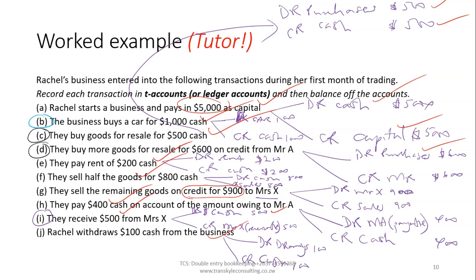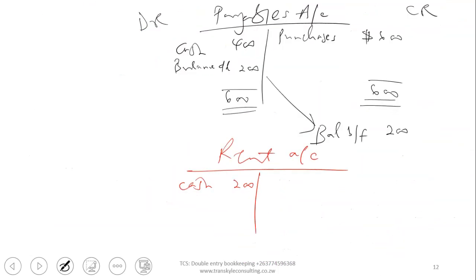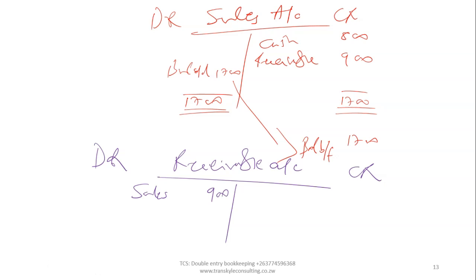So the 500 should actually come on the side of the receivables account, which is the cash 500. Then we have to total up the account. Okay, 900. So the balance is going to be the balance CD.